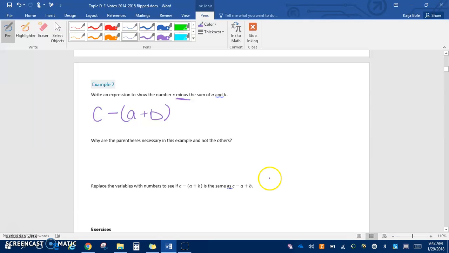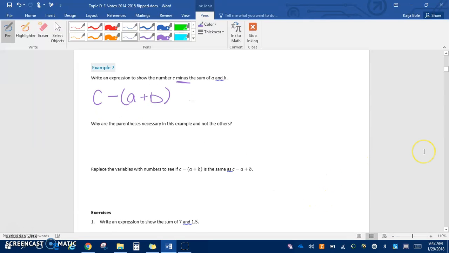Alright? And then it says, why are the parentheses necessary in this example and not in the others? If we go down and look below this, we're going to replace the variables with numbers. So say for C we have 5 minus parentheses 1 plus 2. If we did order of operations, we'd have to do the parentheses first, so 5 minus 3, and that will equal 2.